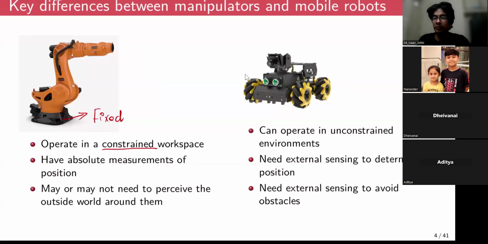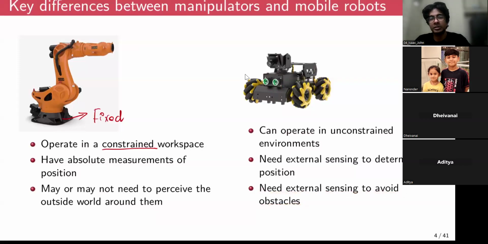It can be done using its internal sensors, just like manipulators have encoders. But on top of that, it also needs external sensors, like ultrasound sensors, vision sensors like stereo cameras, lidars, all sorts of things.